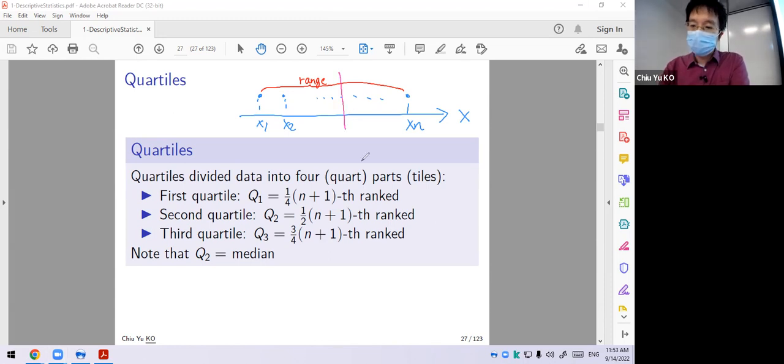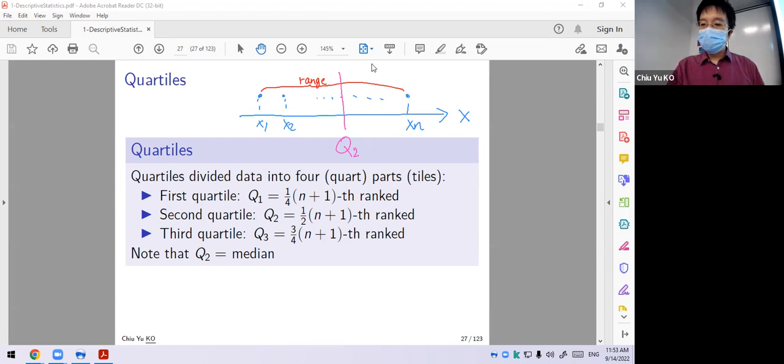The median is in fact called Q2, which will become clear why it's called Q2. You just have a bread there, you cut the center, or the cake or the moon cake, whatever you like, cut the center. That will cut the data into two halves, the first half and the second half.